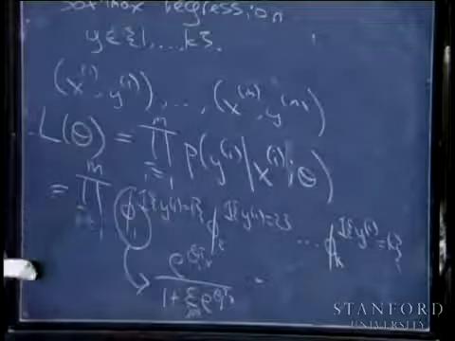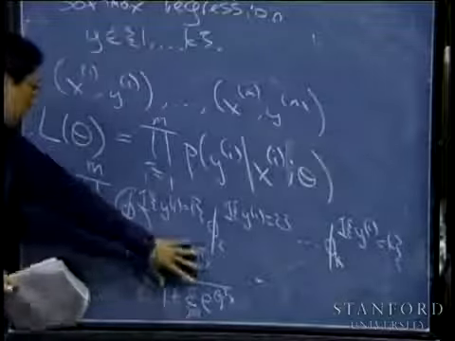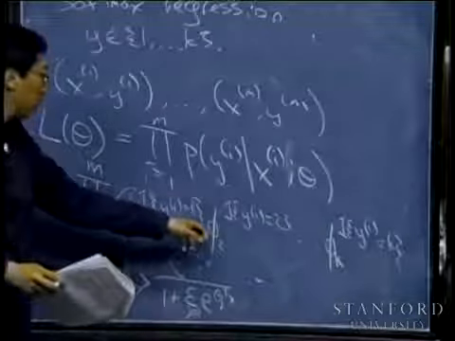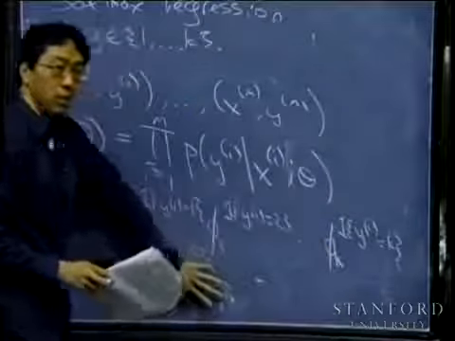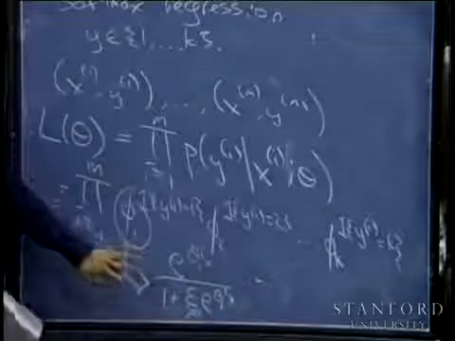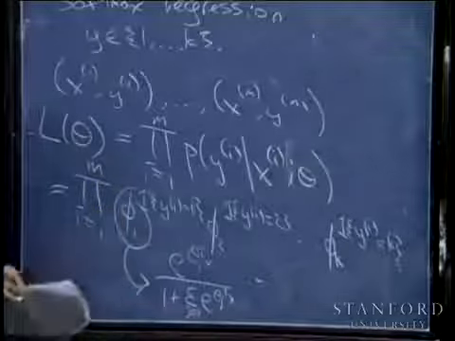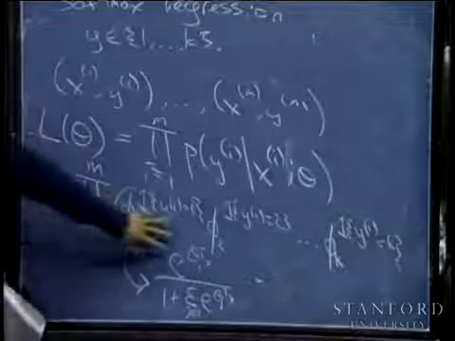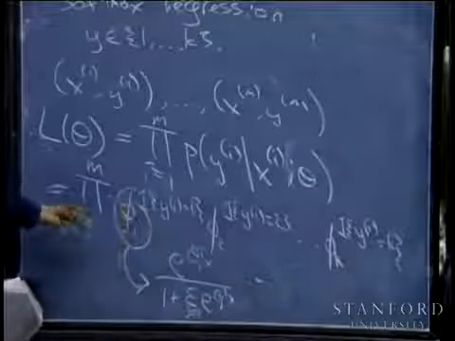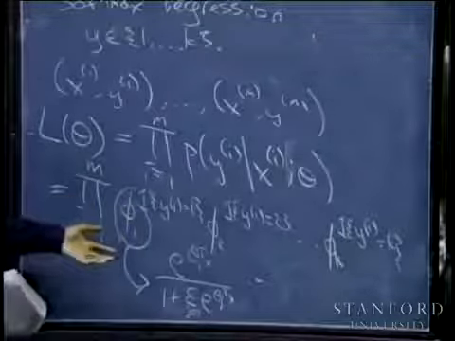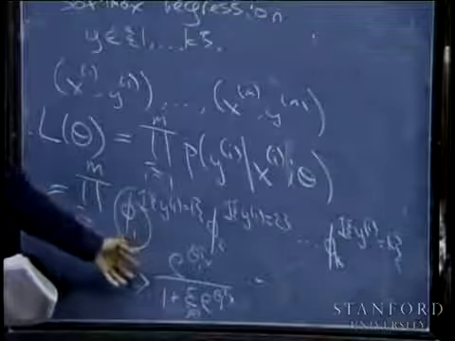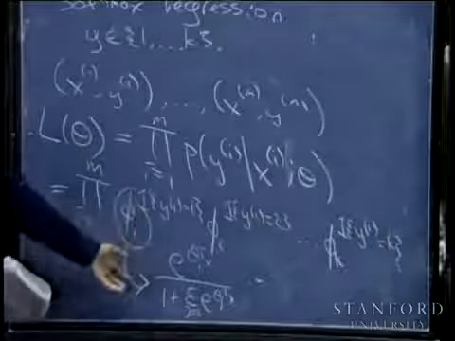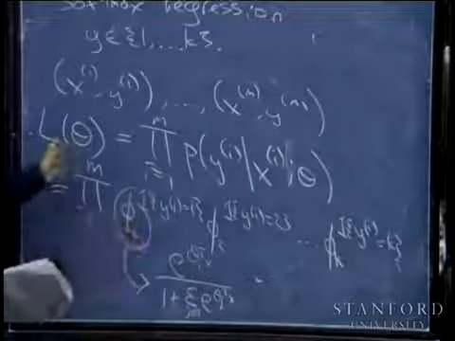And so phi 1 here is really a shorthand for this formula, and similarly for phi 2 and so on, up to phi k, where phi k is 1 minus all of these things. This formula looks more complicated than it really is. What you really do is you write this down, then you take logs, compute the derivative with respect to theta, and apply, say, gradient ascent to maximize the likelihood.